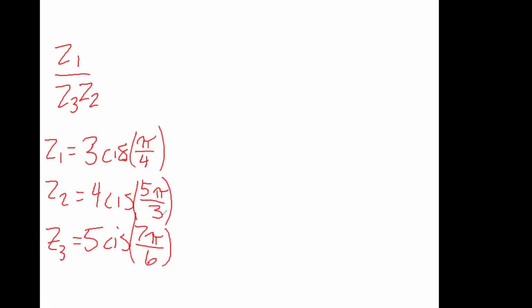Right. And then, okay, so for C, it's like what she wrote at the top. So for Z1, I just wrote that out as it is, 3 cis pi over 4. And then for the bottom, for Z3 times Z2, I multiplied the R's by each other. So it's 5 times 4, which is 20, cis.